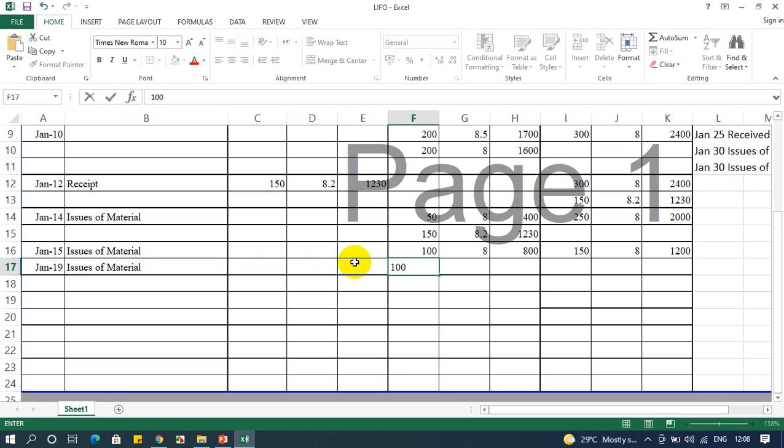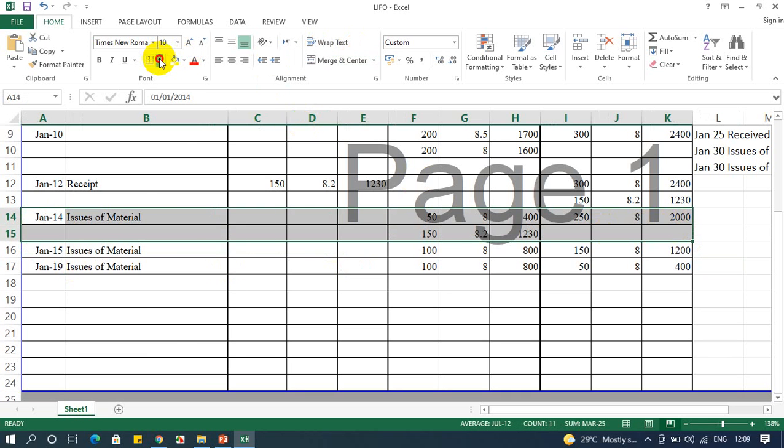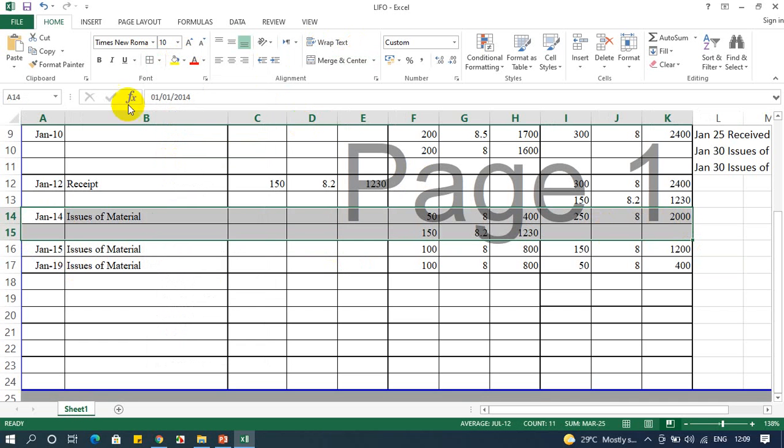The rate is again the same, 800, and left with 50. 150 minus 100, 50 units. Rate is 8, it will become 400, right? So this is what we have here. And if you are applying this method, this is how you will get the materials here, right?